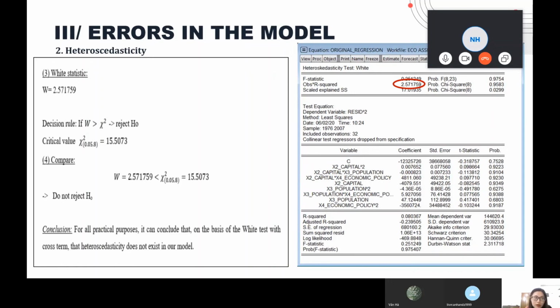Comparing the White statistic with the critical value, it is smaller, so we do not reject H0. For practical purposes, we can conclude that on the basis of the White test with cross terms, heteroskedasticity does not exist in our model.